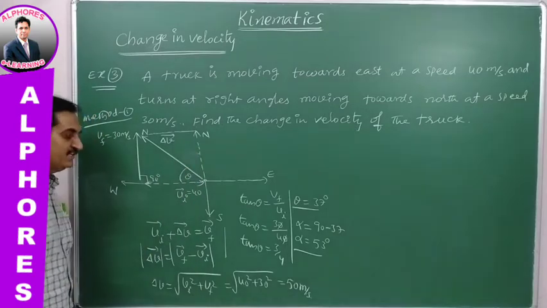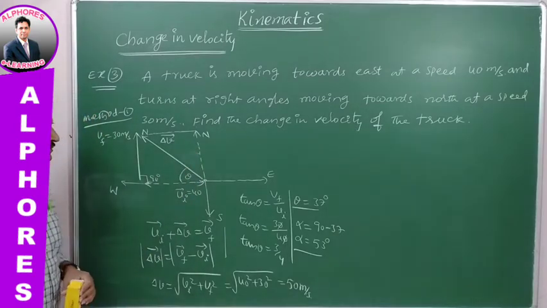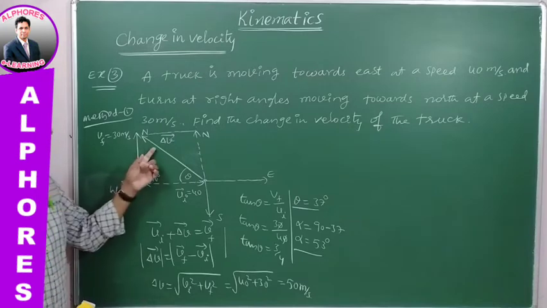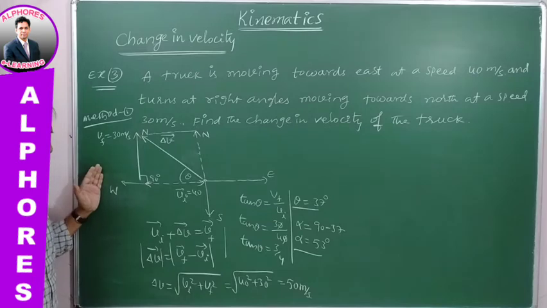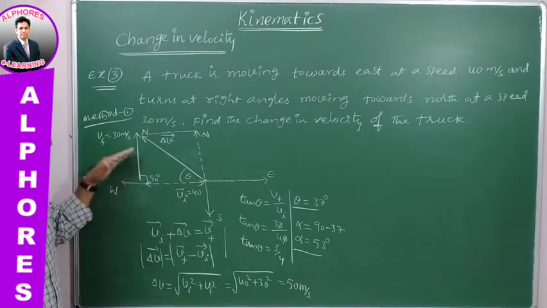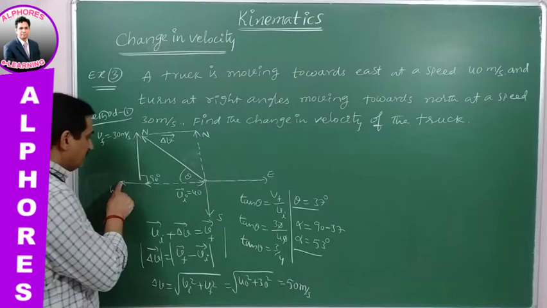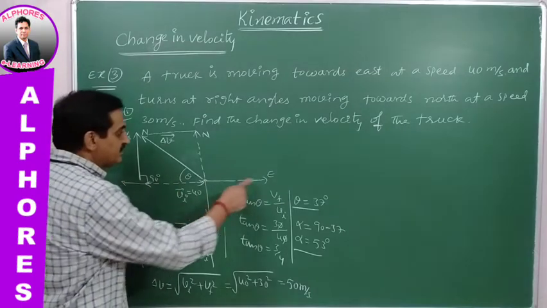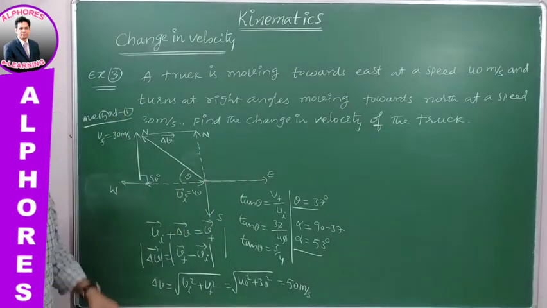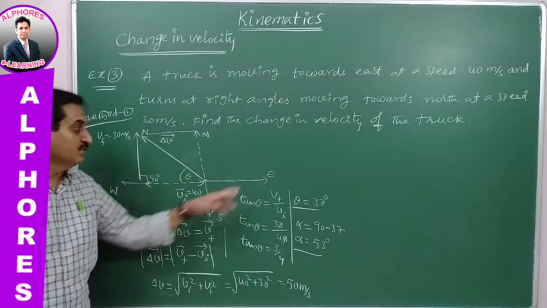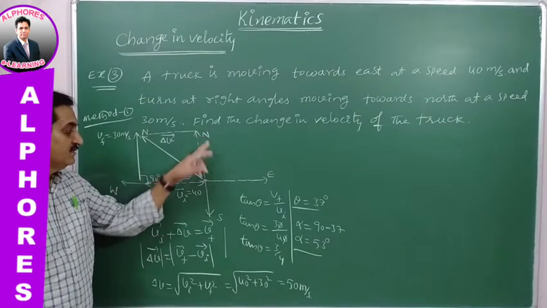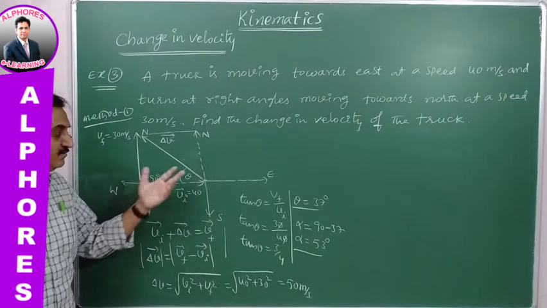Suppose first we go for theta, that is 37 degree. See here, if change in velocity is making an angle theta with west, then east-west is taken as the central line which differentiates the two directions north and south. Why?